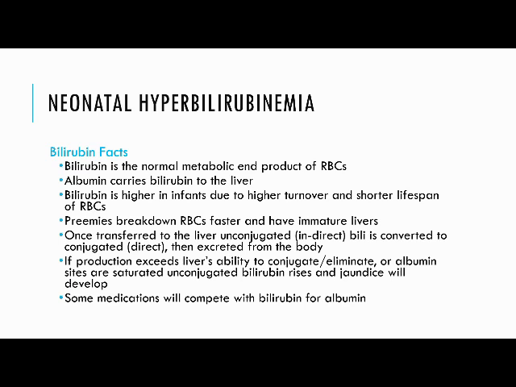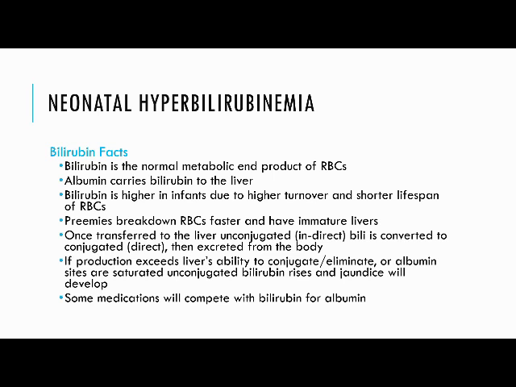Preterm babies, micropreemies, extremely low birth weight and very low birth weight babies, can have lifespans as low as 60 days for their red blood cells. So with a shorter lifespan, more red blood cell turnover and breakdown, you're going to have more bilirubin floating around.